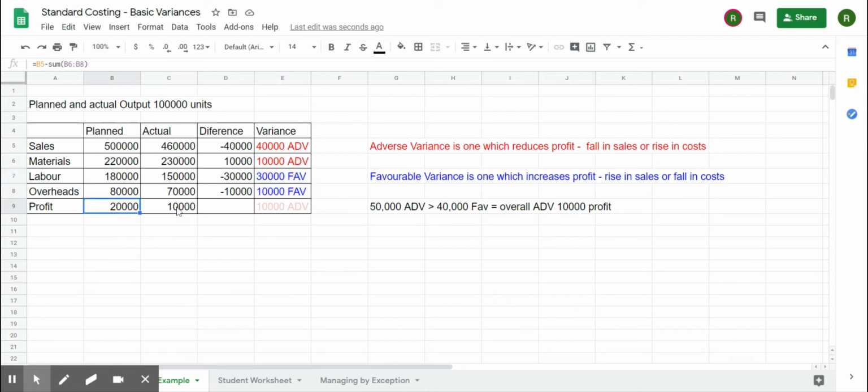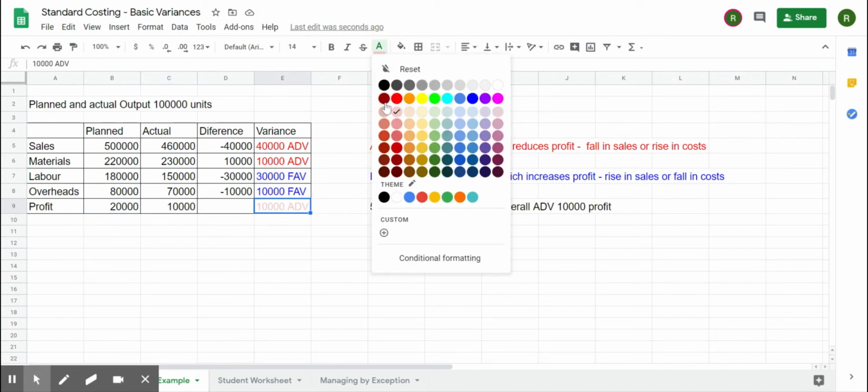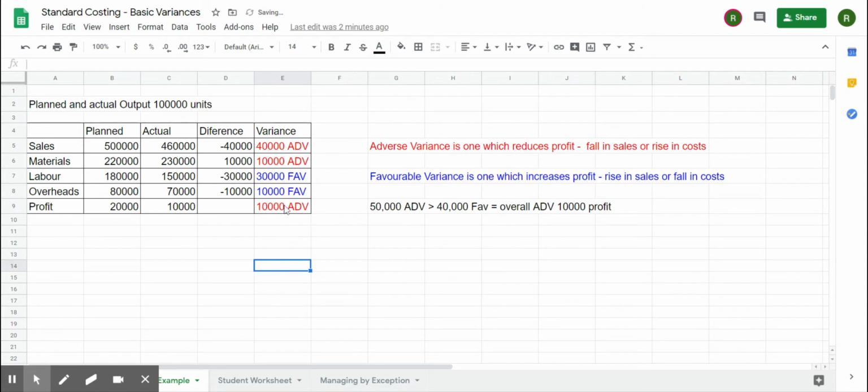And if we look here at the two profits, the profit has gone down, and therefore we have got a 10,000 adverse variance. So just something to bear in mind. We do look at an income statement and we look at the adverse and favourable variances. The overall adverse or favourable impact on the business should be the same as the change in the profit.